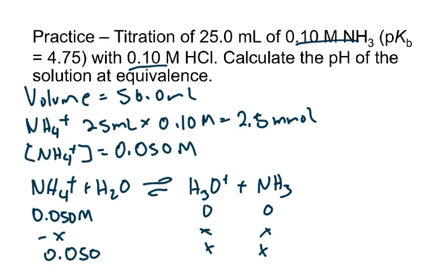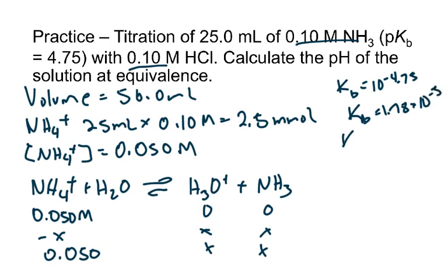Now I need to find my Ka value for my ammonium. I know my pKb, so my Kb is going to be 10 to the negative 4.75, which means my Kb is 1.78 times 10 to the minus 5.